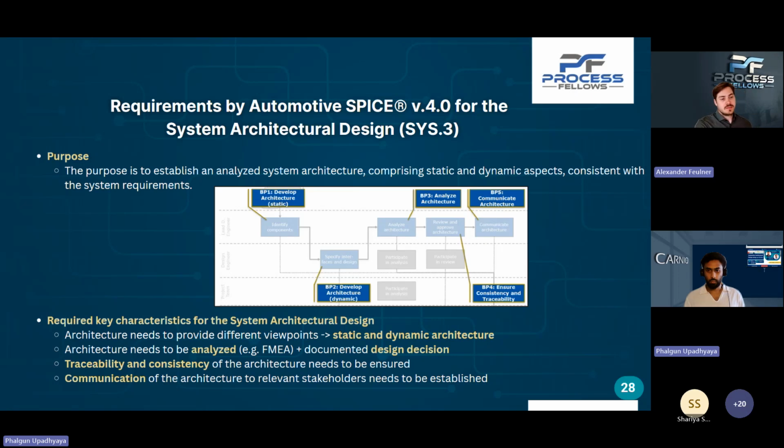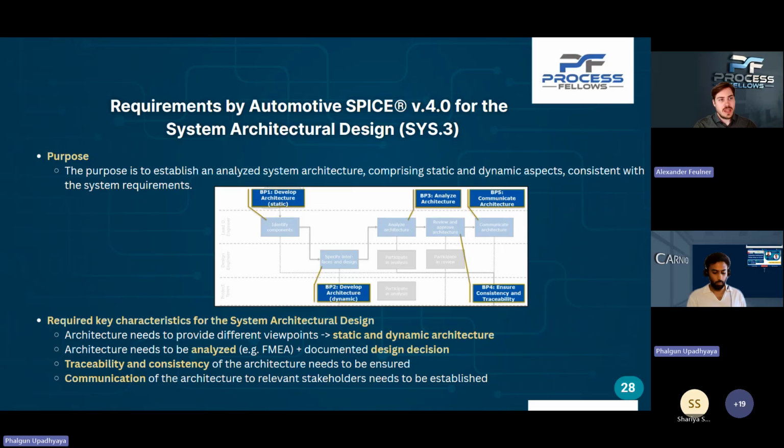Here are some key aspects of Automotive SPICE for this process. In other words, the architecture needs to provide a static and dynamic view. The architecture also needs to be analyzed. With your tool, I already saw that you have several architecture analysis methods in place.